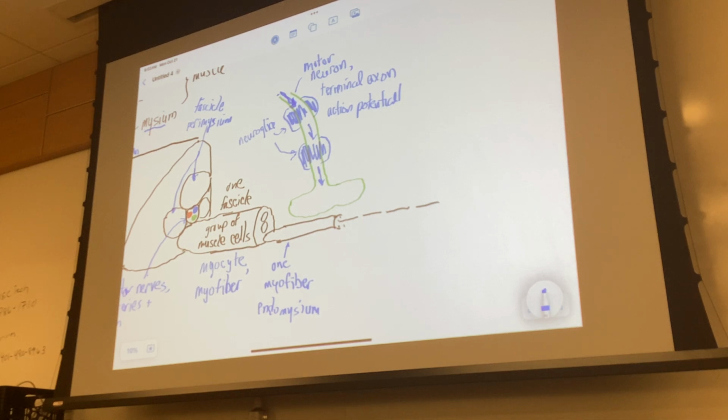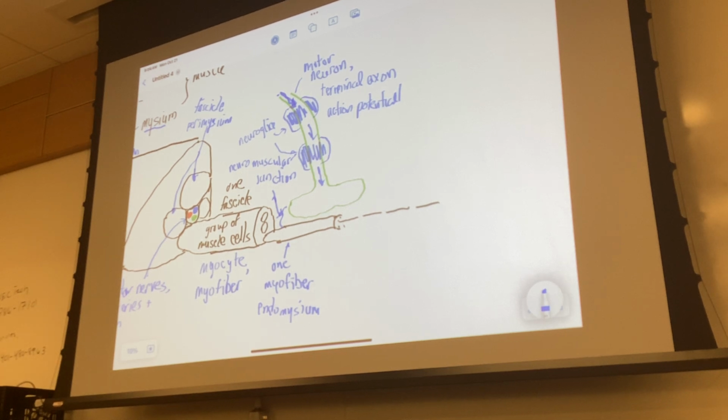And at this point right here, that thing is called a neuromuscular junction. So that neuromuscular junction is when the neuron, or the terminal axon in particular, almost touches the myofiber or the myocyte. It doesn't touch it, but it gets really close.